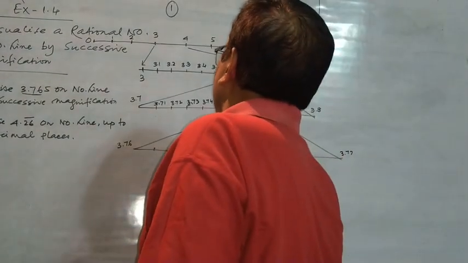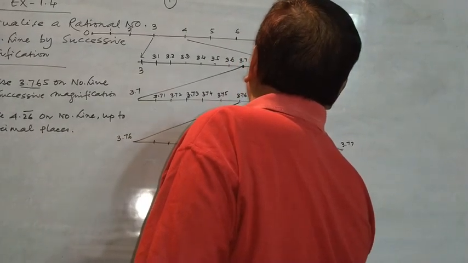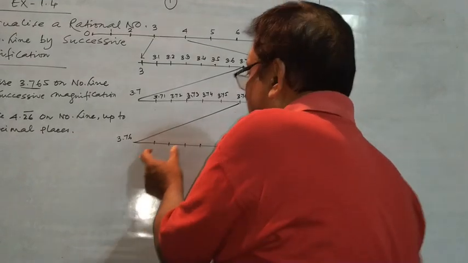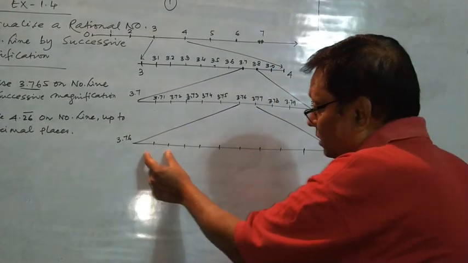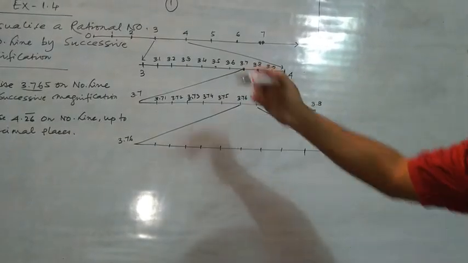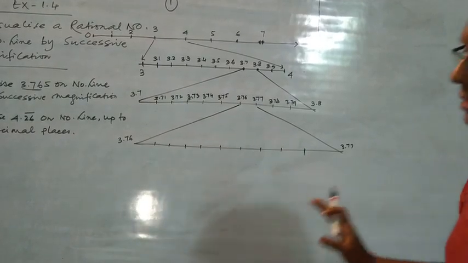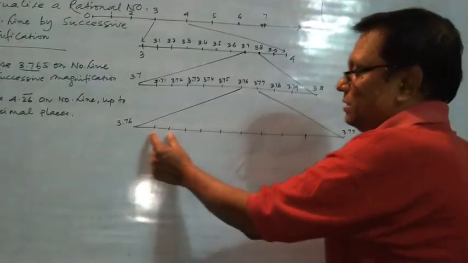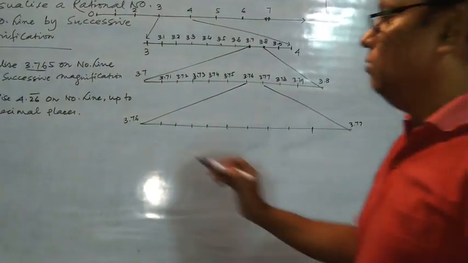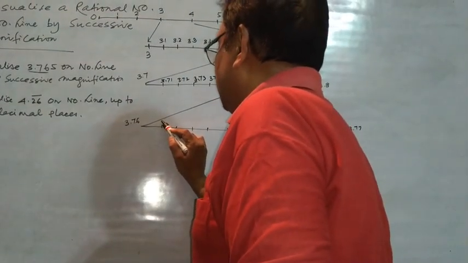So 1, 2, 3, 4, 5, 6, 7, 8 and 9. Remember, all these parts will be of equal length. I am just doing it approximately, so you will take care to make the difference between two successive cuts equal.